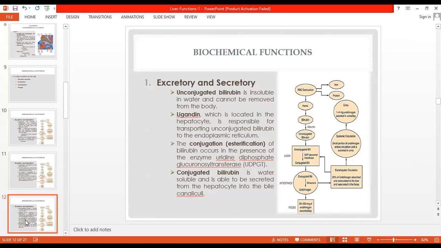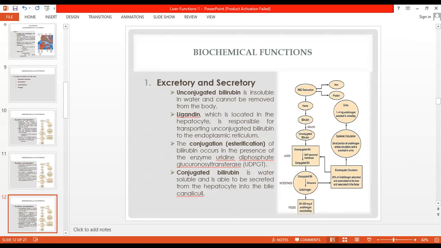The conjugation or esterification of bilirubin occurs in the presence of the enzyme uridine diphosphate glucuronyl transferase, or UDPGT, which transfers a glucuronic acid molecule to each of the two propionic acid side chains of bilirubin to form bilirubin diglucuronide, also known as conjugated bilirubin.